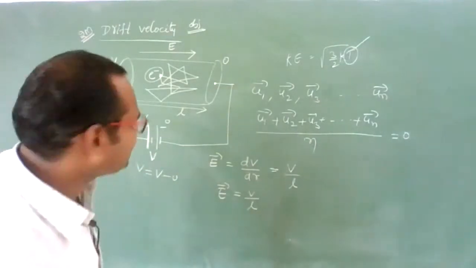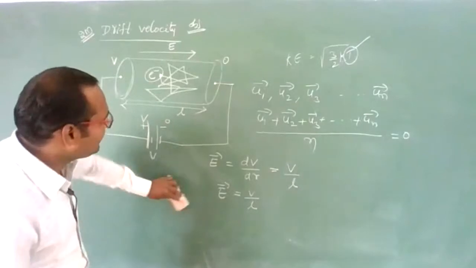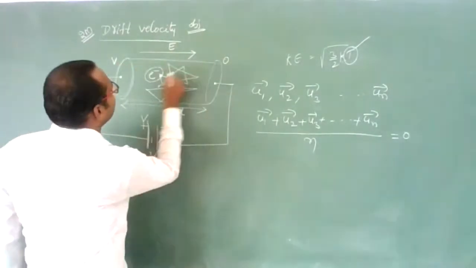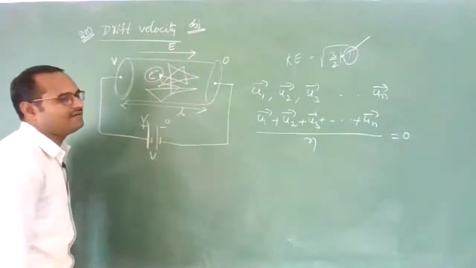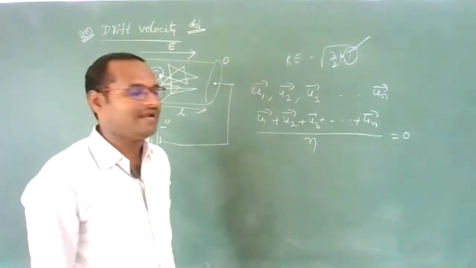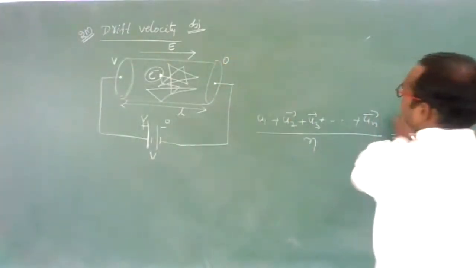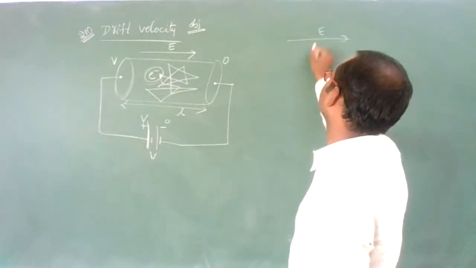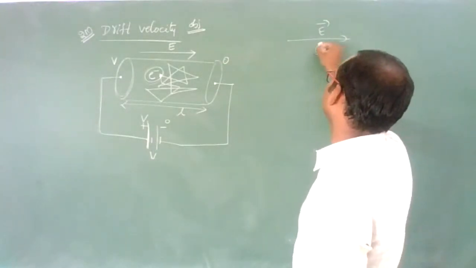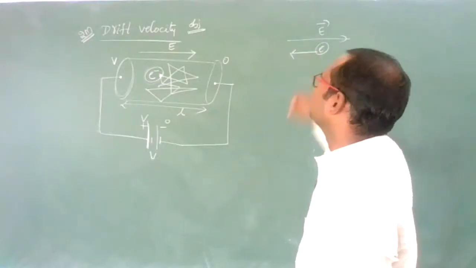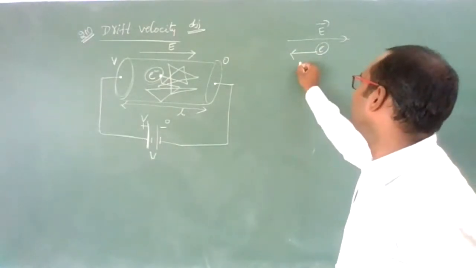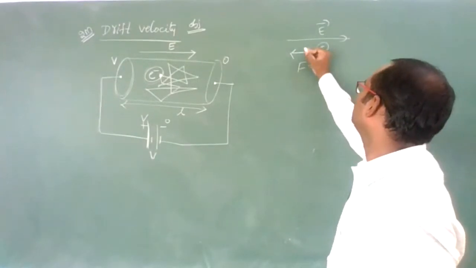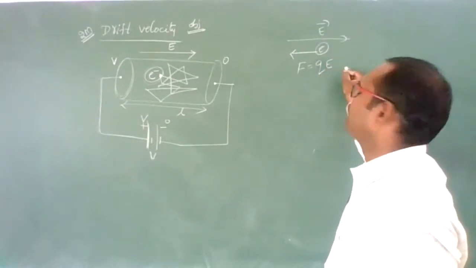Okay, now students, as you know, whenever an electric field is present and an electron is inside this electric field, a force will act on that electron. Suppose here the electric field is like this. Now in this, let us suppose an electron is there. A force will act on it in the opposite direction to the electric field. That will be F is equal to Q into E, QE, force.